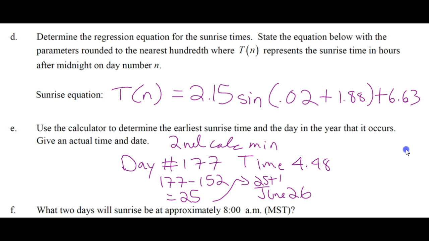So June 26th. And the time, so now we go 0.48 times 60, right? Because we have a decimal, we need to turn that into minutes. So how many minutes is that? A little shy of 30 minutes.